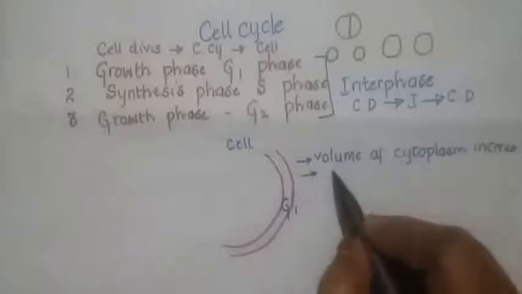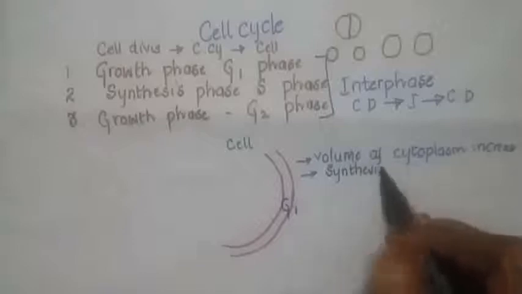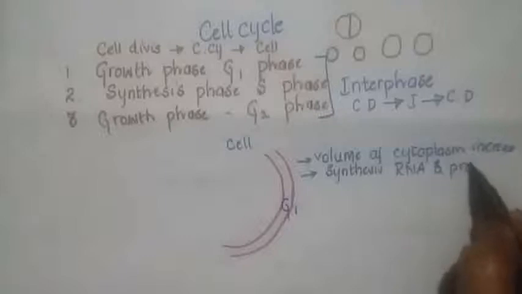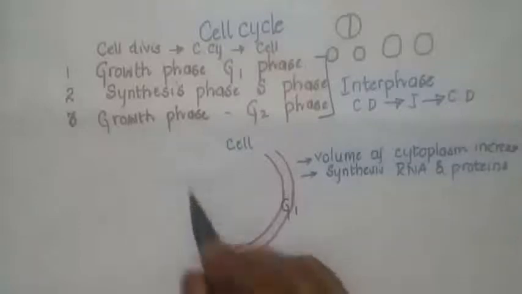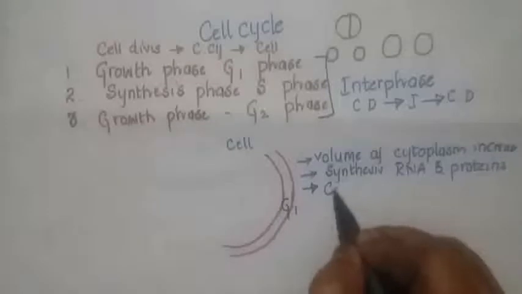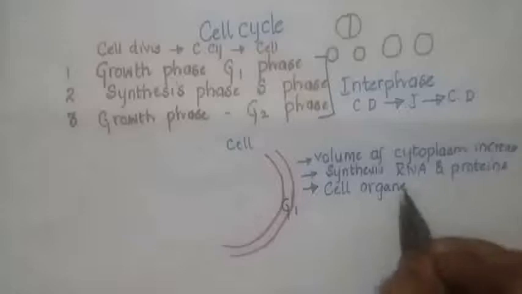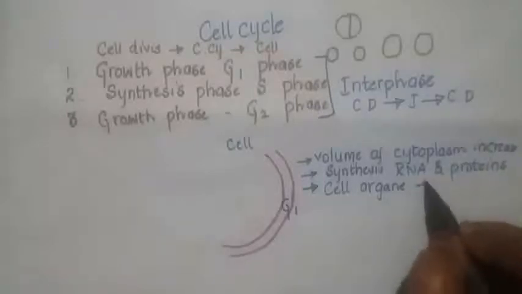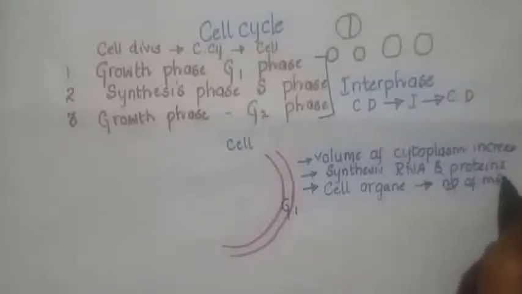This is followed by the synthesis of RNA and proteins, which are required for the synthesis phase, followed by the cell organelles. The cell organelles undergo division all by themselves, in the sense their number increases, that is the number of mitochondria.